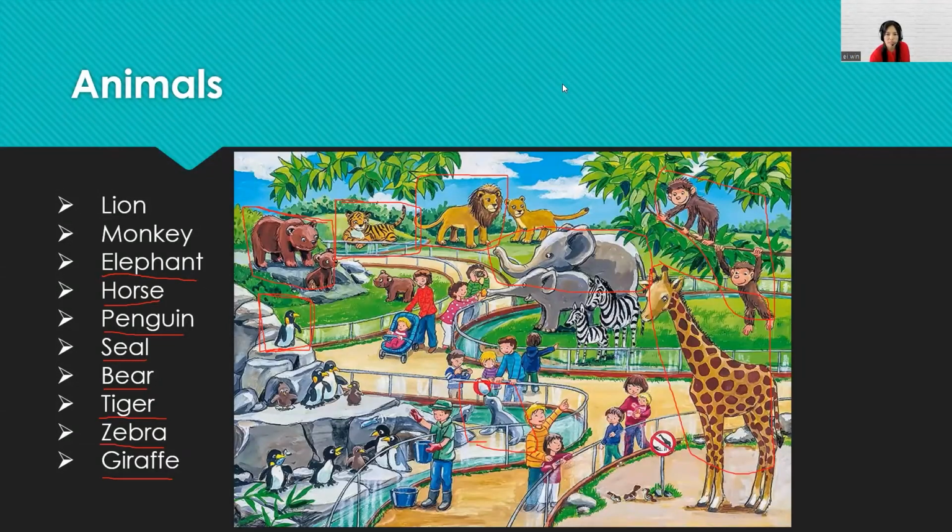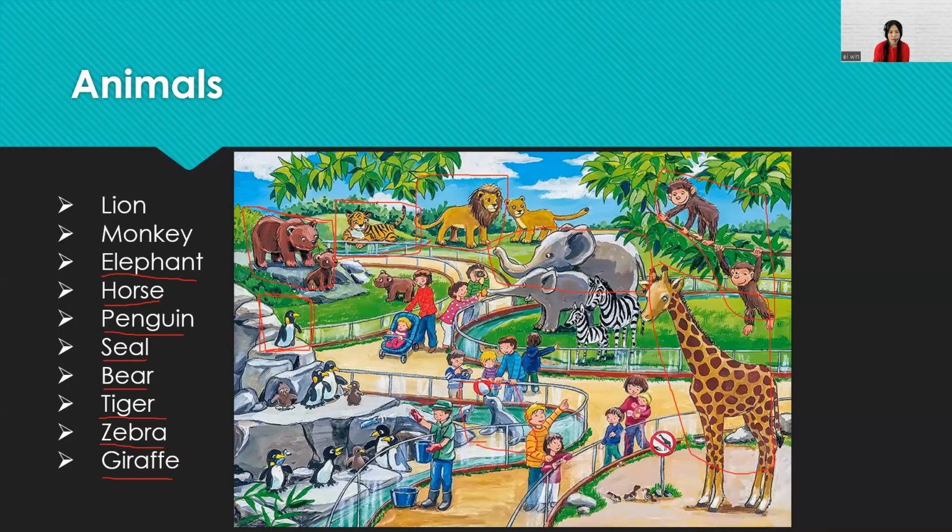So next, wild animals. Wild animals means that they grow naturally and they don't need any help from humans.